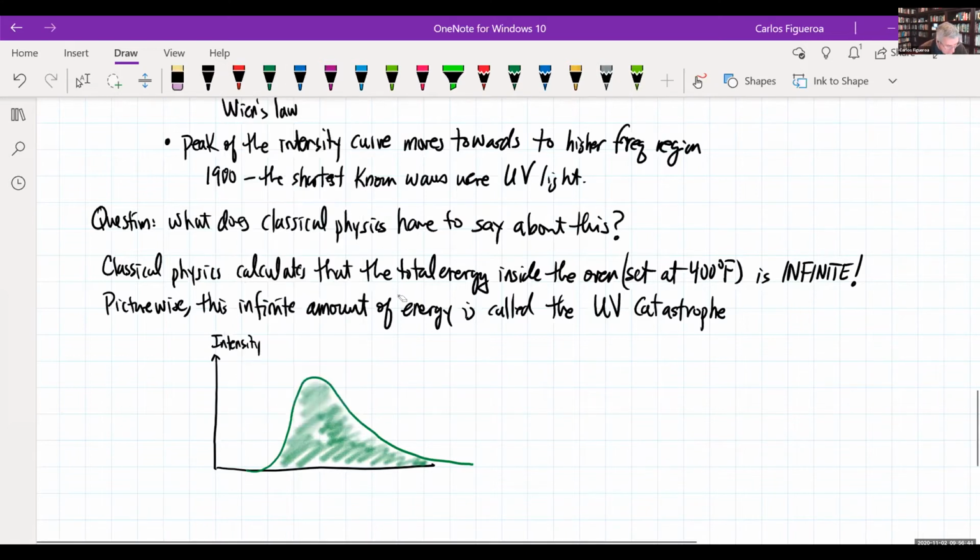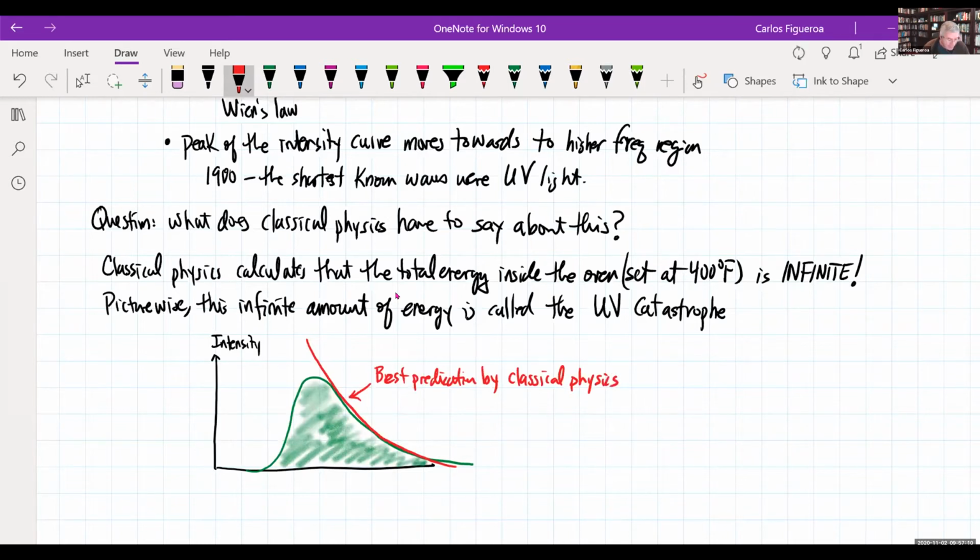The best that classical physics can do is this curve here, the best prediction by classical physics, and this is known as the Rayleigh-Jeans law.